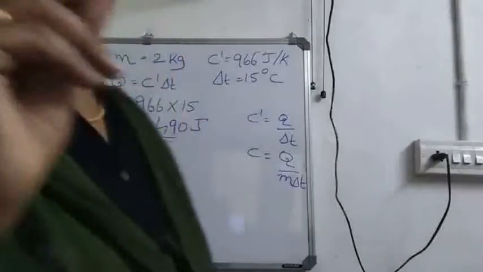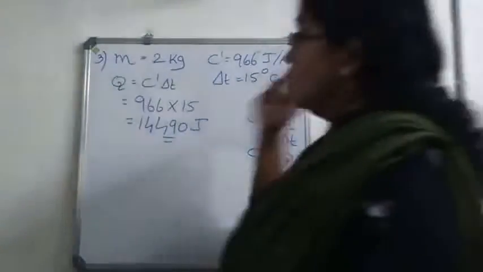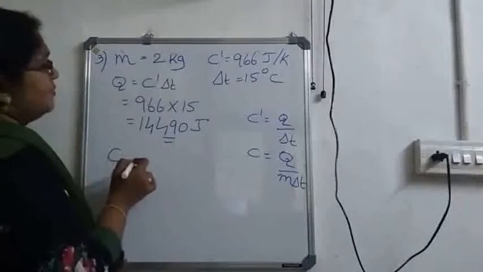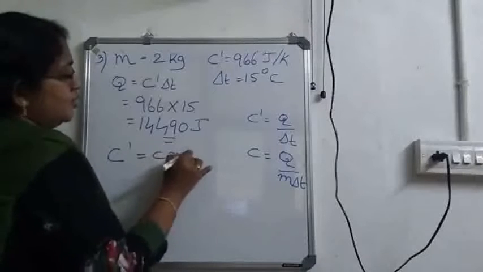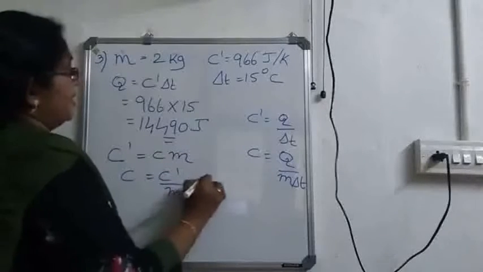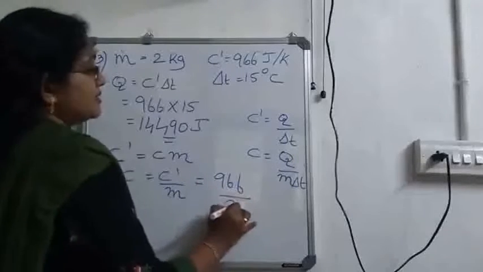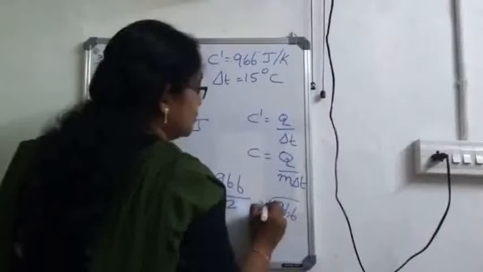Now, our second question is to calculate the specific heat capacity. So, what is our equation? Specific heat capacity: C dash is equal to Cm, so C will be C dash by M. How much is C dash? 966. Mass is 2. So, how much is 966 divided by 2?